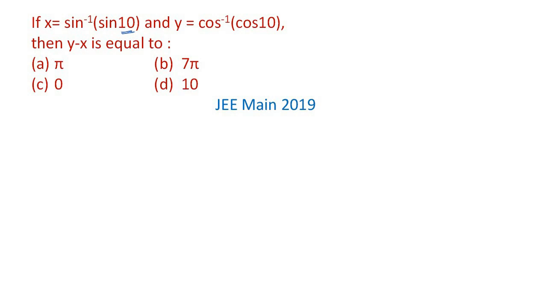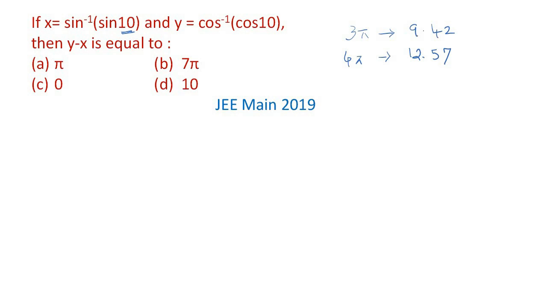We know that pi is 3.14. So 3 pi radian corresponds to 9.42 radian, and 4 pi radian corresponds to 12.57 radian.